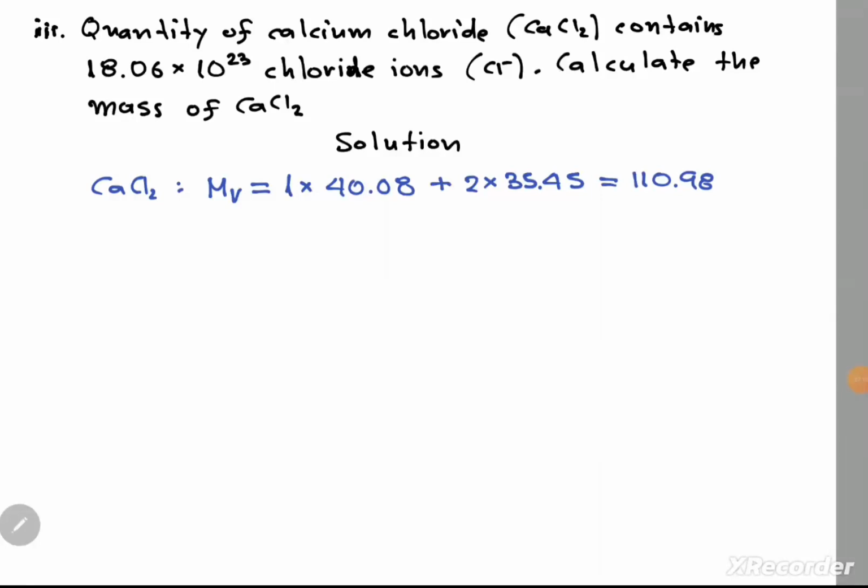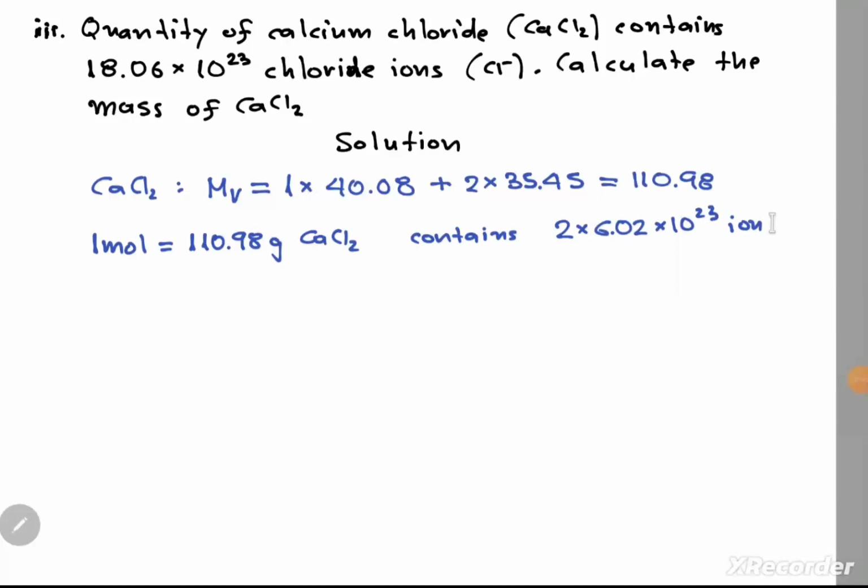Then we take the relationship from the molecular formula. 1 mole is equal to MR grams of calcium chloride, which contains 2 times the Avogadro constant of chloride ions.